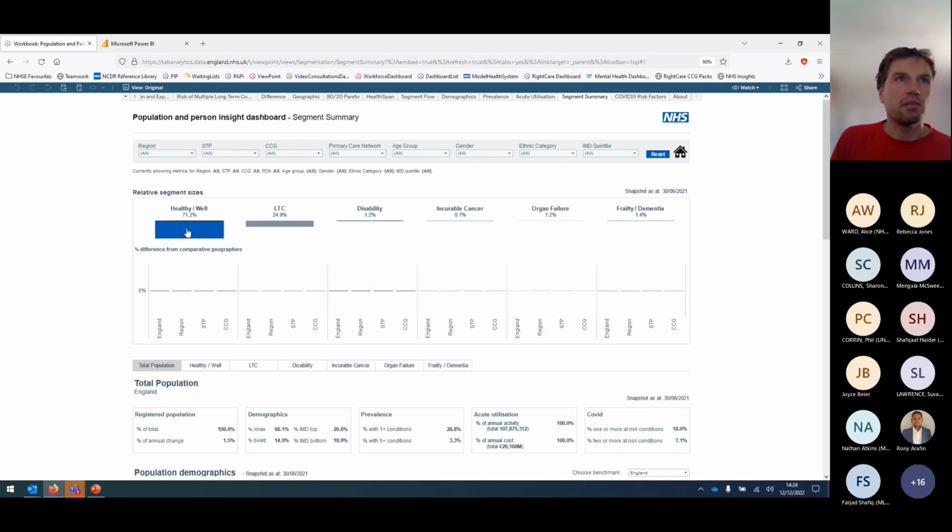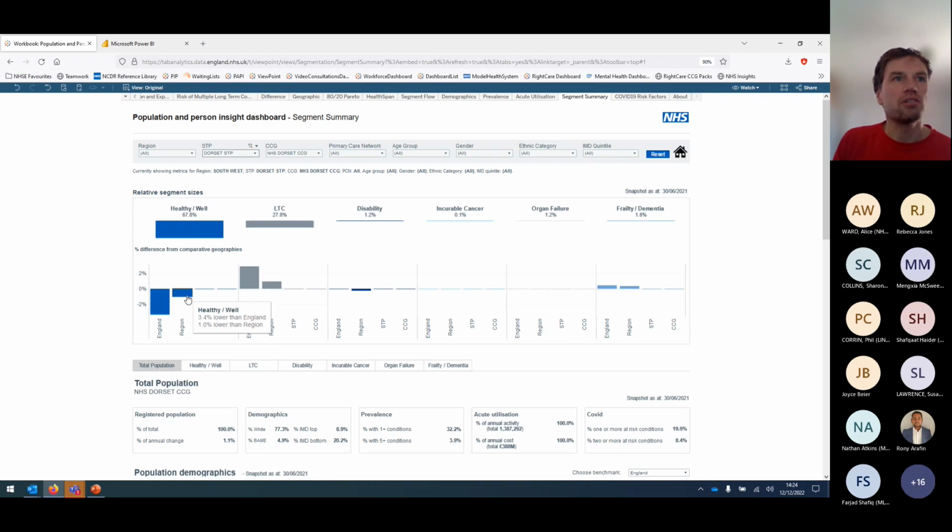So this is telling me the population, the percentage of the population who were healthy well, and then if I select a random CCG, I think that was Devon, it'll do things like tell me how well Devon compares to England.